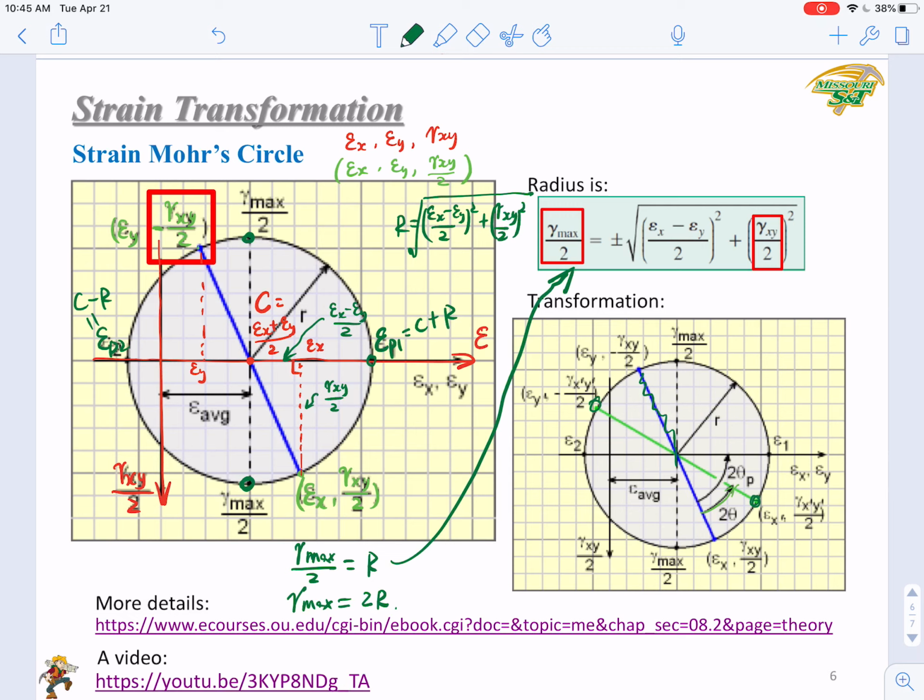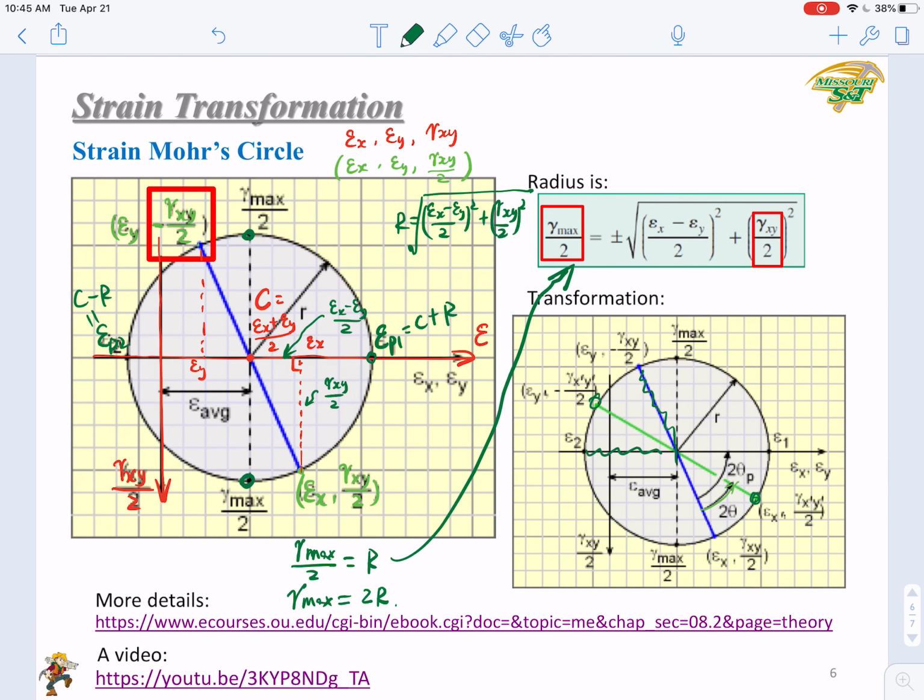If you want to find the principal strain position, you just rotate by 2 times theta p, and you will get this diameter, and these two points denote the strain status. I also provided a web page and a video here, so you can click them to find out more details about the strain Mohr circles.